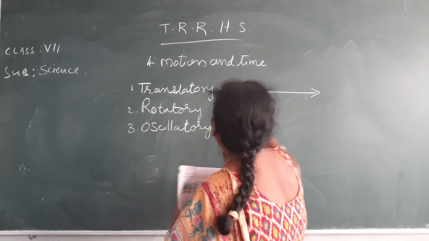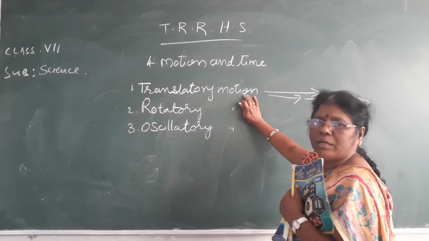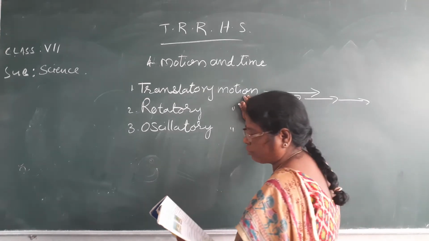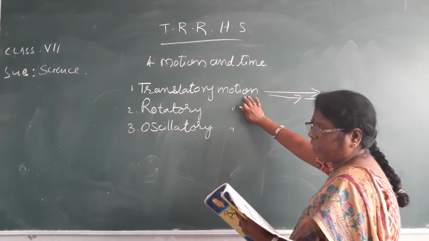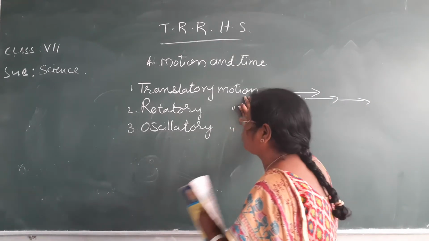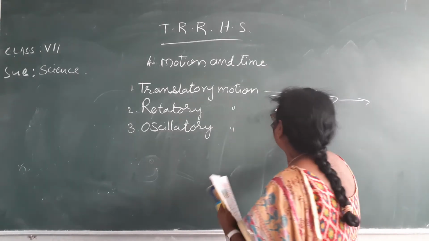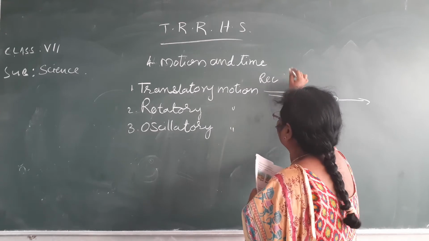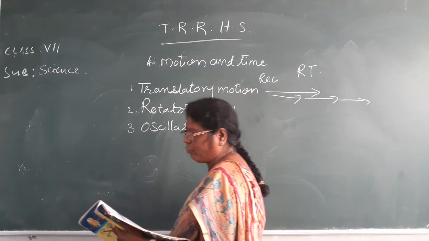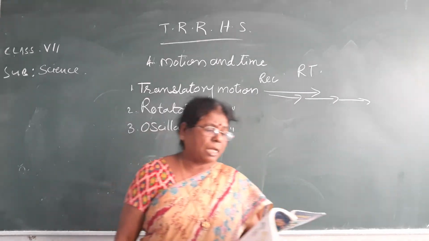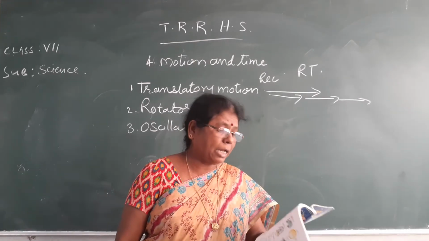If a body in translatory motion moves along a straight line, it is called rectilinear motion, rectilinear translatory motion. If a body in translatory motion moves along a curved path, it is called curvilinear motion.